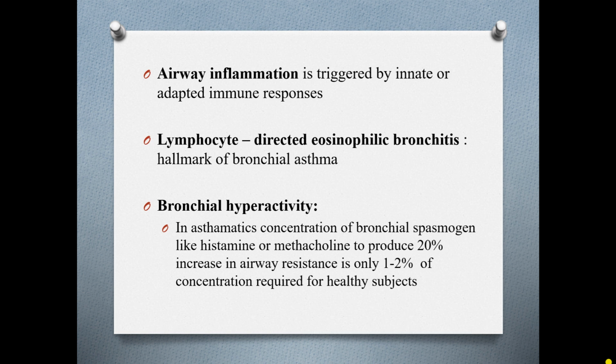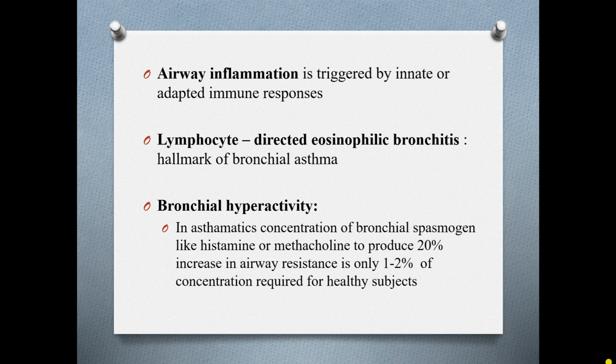What is bronchial hyperactivity? In asthmatic patients, the concentration of bronchial spasmogen like histamine or methacholine required is much lower. Histamine is an allergic mediator which is released when there is allergy, and it has a tendency to cause bronchospasm. So the concentration of histamine required to produce bronchospasm, which is a 20% increase in airway resistance, is only 1 to 2% of the concentration required for healthy patients.